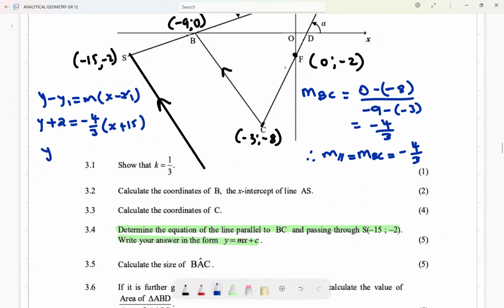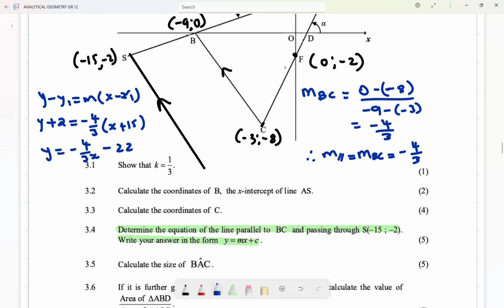And then I'm going to have y is equal to -4 divided by 3x, and then this is going to be -20, negative 20, negative 22.